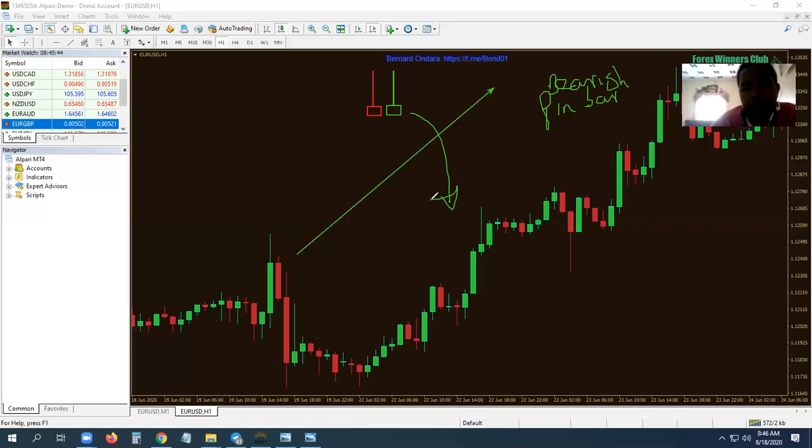Now, interestingly, for now, just call them shooting star, all right? But what if you found the same shooting star in a downtrend? Market's going down, and now you find the same thing.